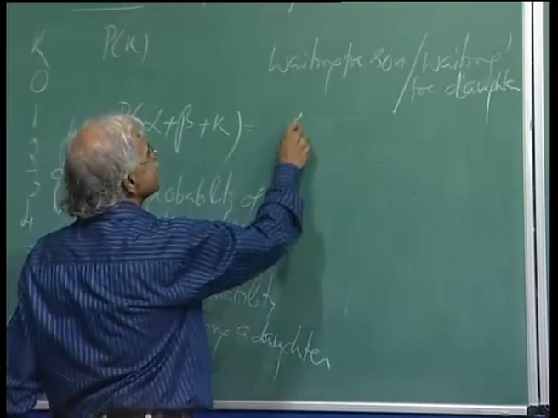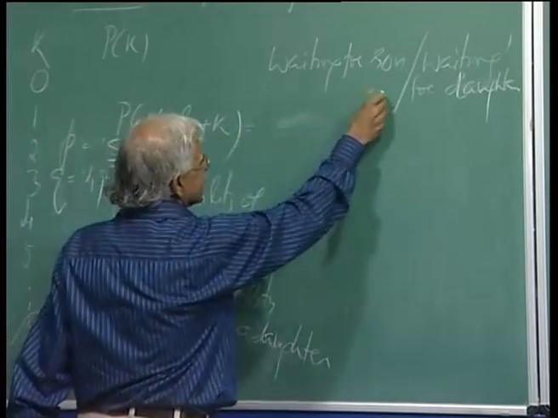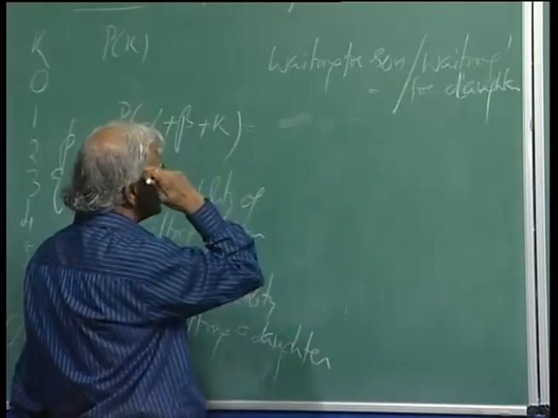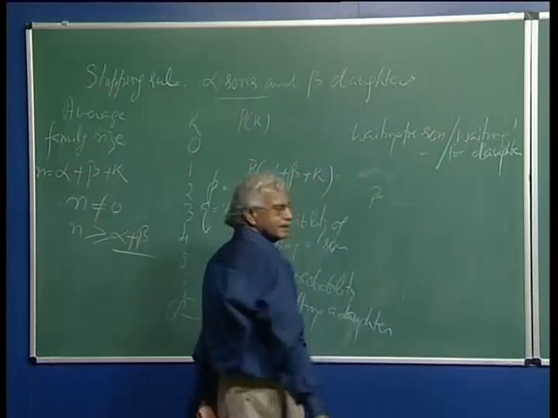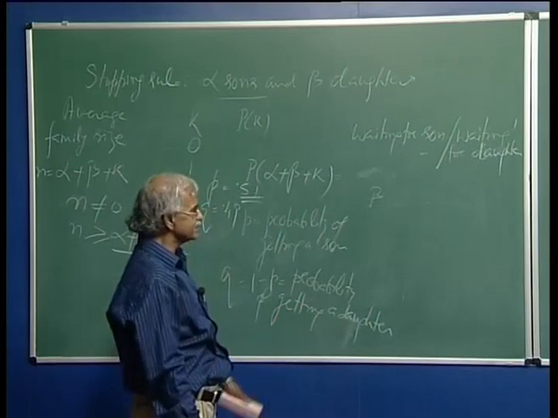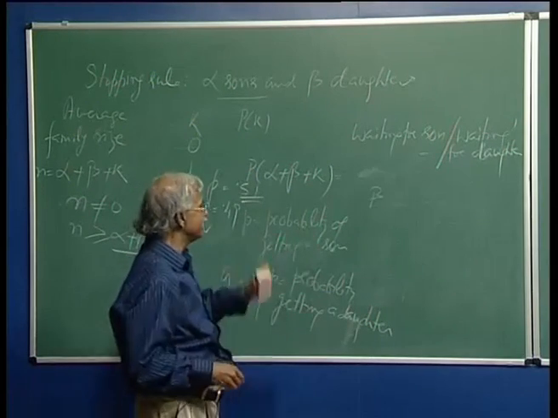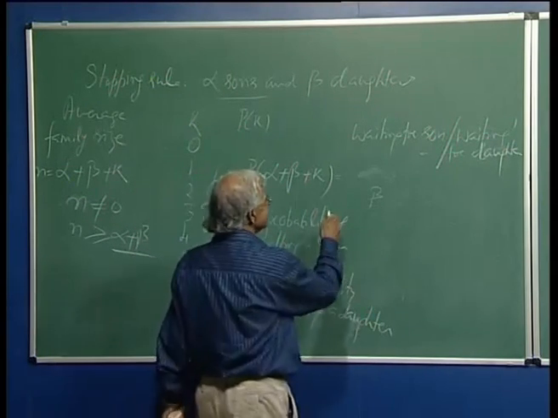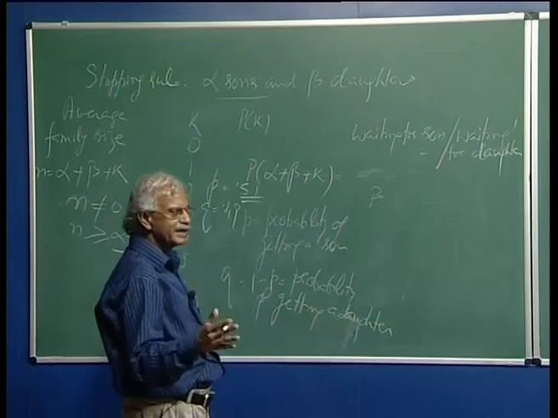So, this means that if they are waiting for the next child to be a son, they have already had enough daughters, beta. If they are waiting for a son, that means they have already achieved their target with respect to daughters. So, they have had beta, and it does not matter what the order is.